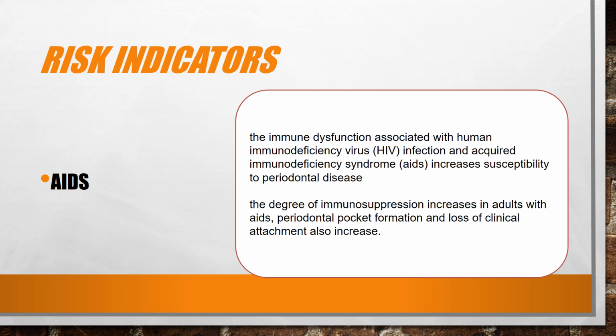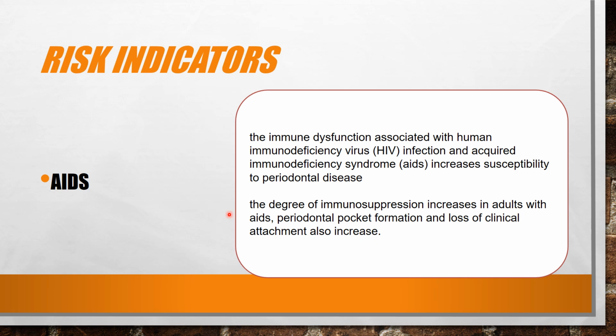Coming to risk indicators. As you know, risk indicators are identified with cross-sectional studies, not with longitudinal studies. Evidence suggests that AIDS-affected individuals who practice good preventive oral health measures, effective home care, and seek appropriate professional treatment can improve their periodontal health.